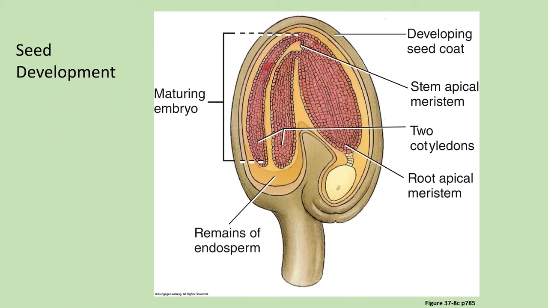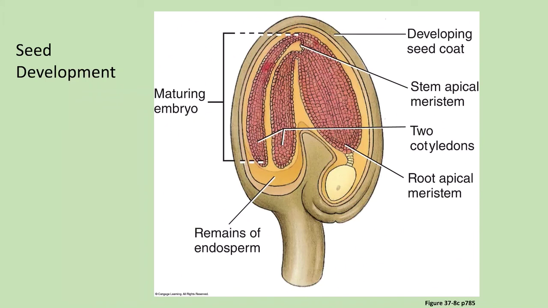You can see the other portion of the embryo is going to become the stem and the root. The orangish yellowish tissue surrounding the embryo is the endosperm, and the endosperm becomes more and more reduced as the embryo is maturing inside of the seed.